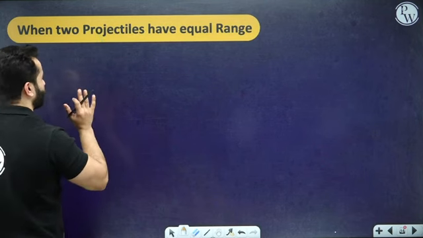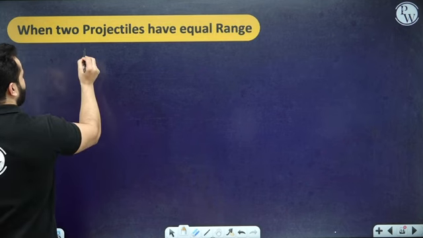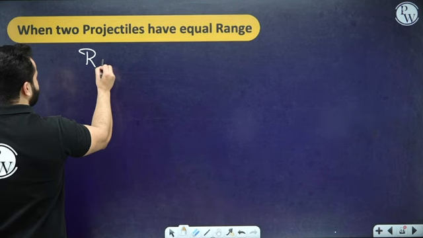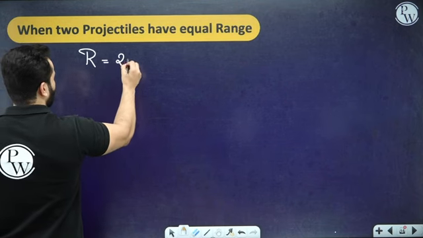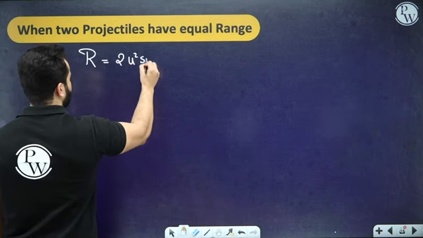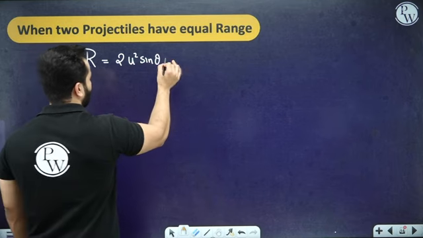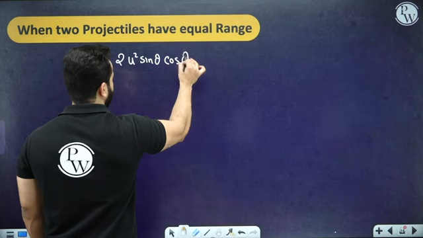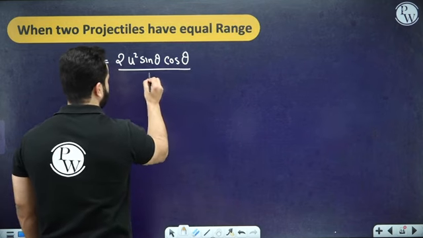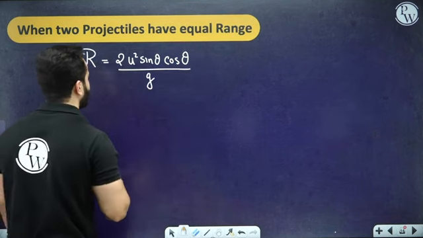I'm going to also let you know this thing. The formula for range is 2u square sine theta cos theta by g. This is the formula, right?